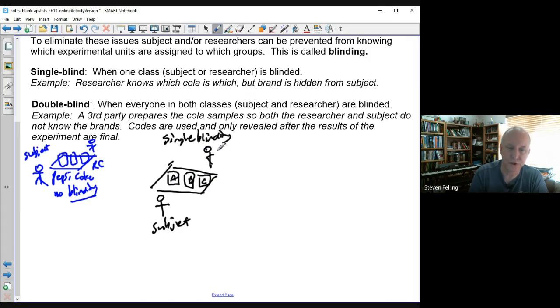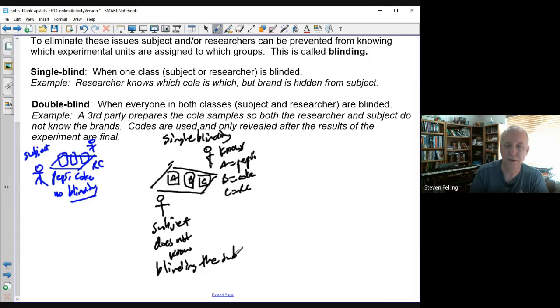So the researcher knows that A is Pepsi and B is Coke and C is RC Cola, but the subject does not know which is which, right? So this would be blinding the subjects, because if they have any biases, they can't apply that bias. They have no idea which one's which.